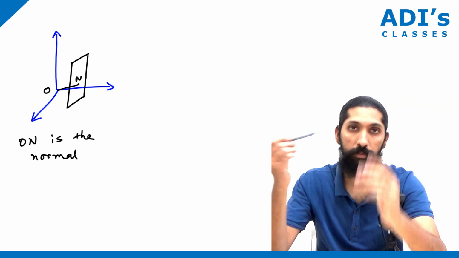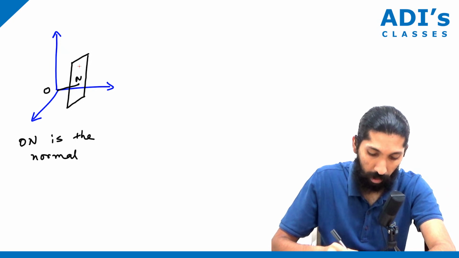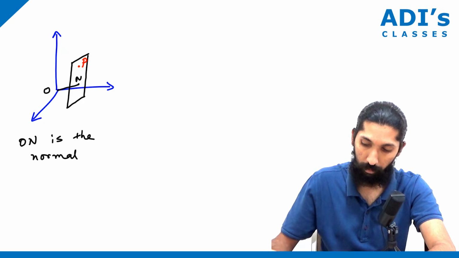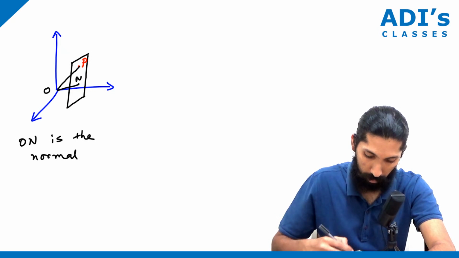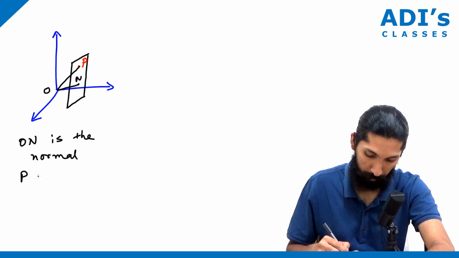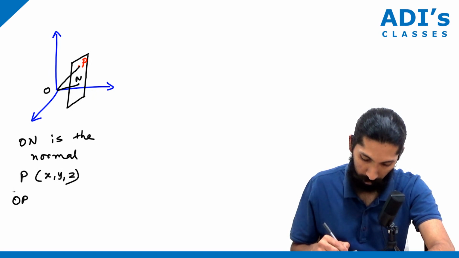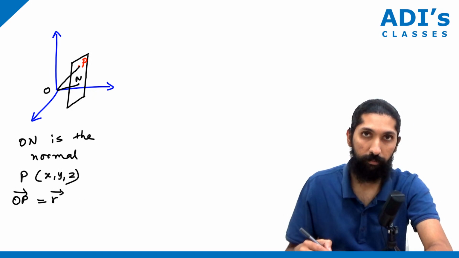This is perpendicular. Now, next point, we'll take some arbitrary point P. Okay, this point is P. Now, we join OP. That means here, point P is given by x, comma y, comma z. Say the OP vector is equal to r, some vector r. Fair enough.